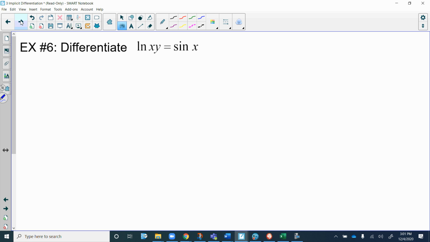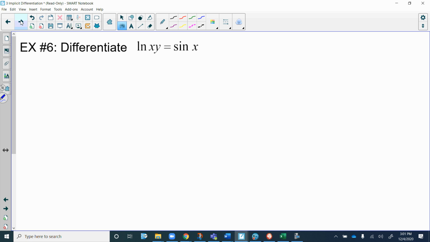On the next one, again, you're going to recognize here, not so much the product rule being put into play with the xy for the natural log, but really more that we can use the properties of logarithms to separate the logarithm into two terms.